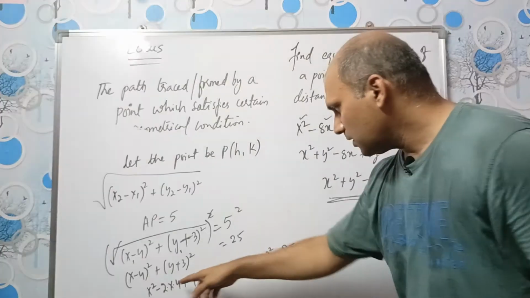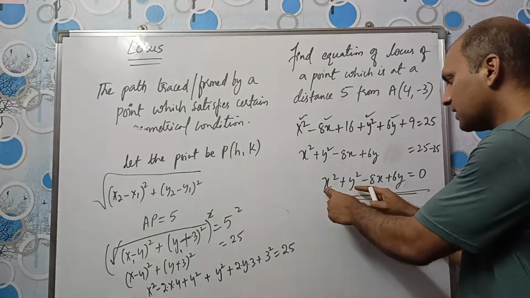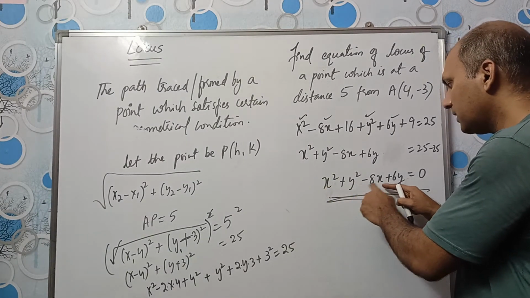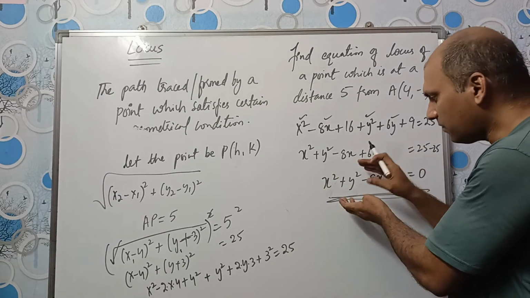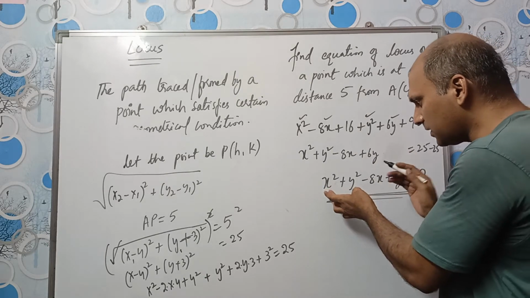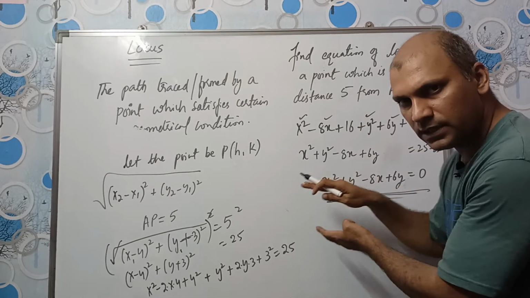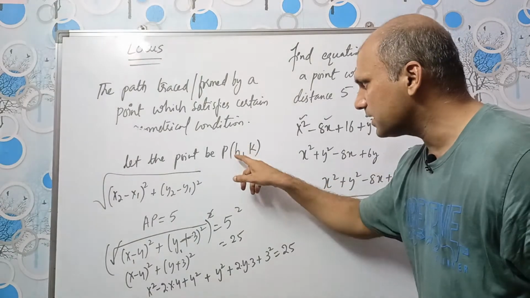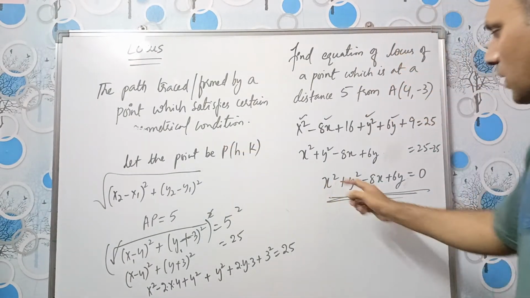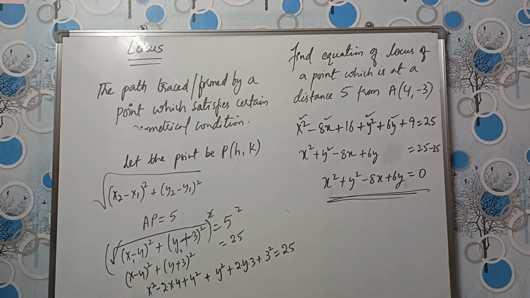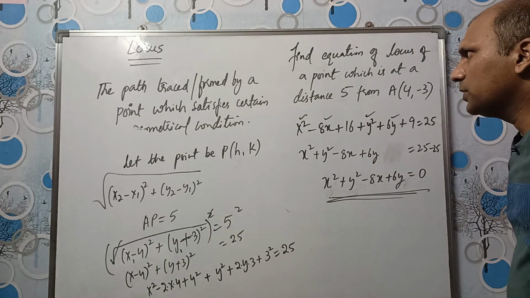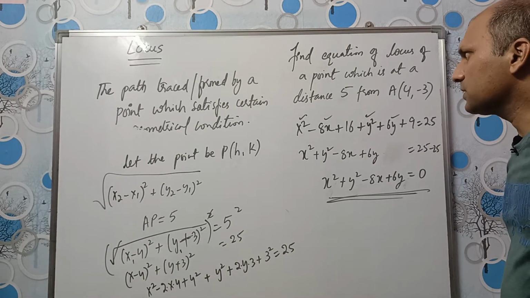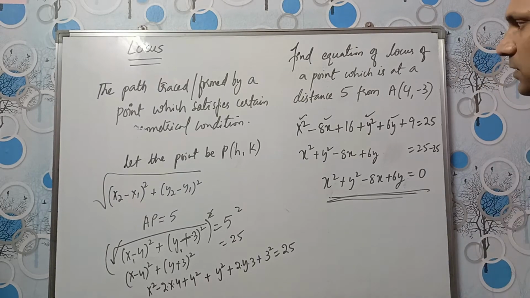In that case we get an equation in terms of h and k. After getting the equation in terms of h and k, we write it in x and y again: in place of h and k, replace them with x and y. We get the same equation. I hope you understood this definition of locus and this one example problem. See you in the next video.